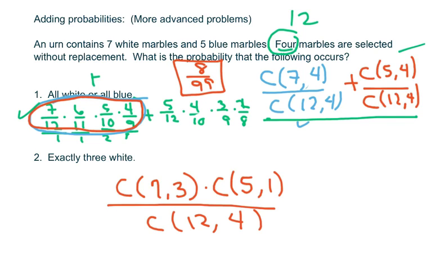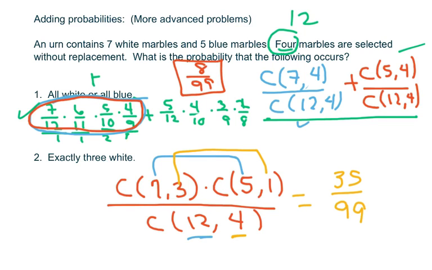So if you notice in this case, my 7 plus 5 equals my 12. And my 3 and 1 equals what? 4. Put that in the calculator, you're going to get 35 over 99. Again, you can do it this way, if you want to. I just find this way easier when you're dealing with large numbers. And you should also know that this right here equals 5. This equals 5, so we already talked about that in the previous video, so it makes it easier.